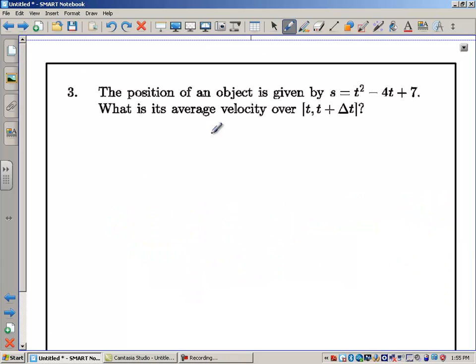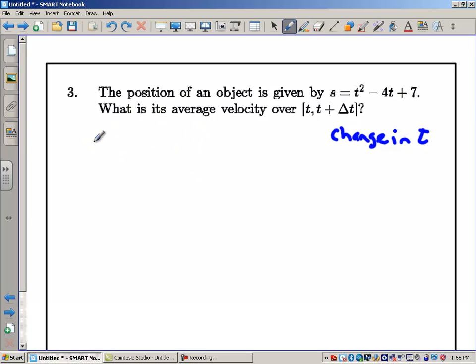So I've got this position of an object given by this quadratic t squared minus 4t plus 7, and we want the average velocity over the interval from t to t plus delta t. This delta t means change in t, so it's basically some time unit after the t. So the delta t, you're going to treat it like its own variable.